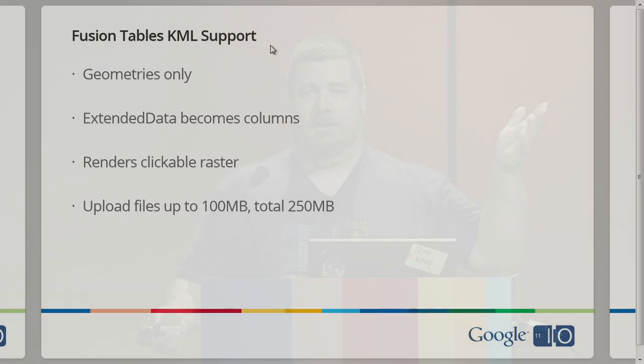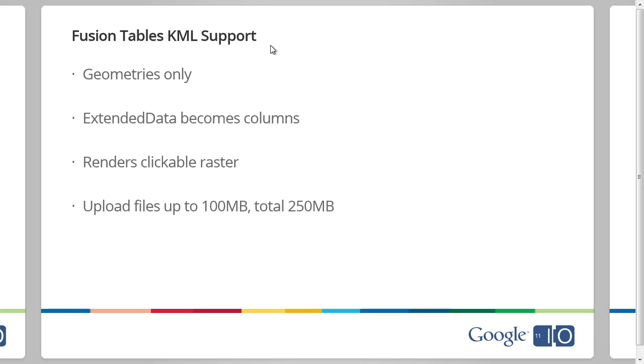So the integration with the Maps API, as you will know from the previous session, is essentially one line of code. You can do additional things, as we've announced today, in styling these layers as they come through. And this is, again, just a summary of some of the things to do with our KML support.